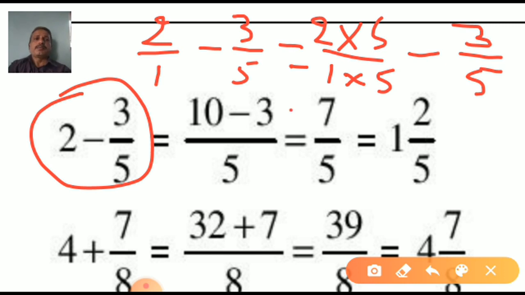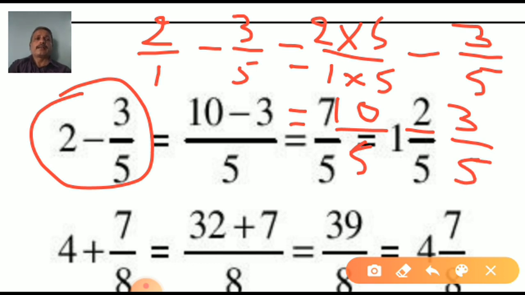Yes, the next step should be 10 upon 5 minus 3 upon 5. This is an overwritten example, extra calculation for your understanding. Otherwise you can directly multiply with the number and you will get the same denominator.